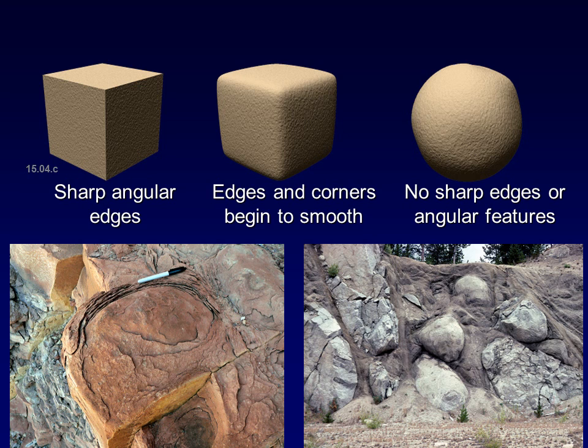So you end up with a sphere. This feature on the bottom left is called a weathering rind, and this happens particularly in sandstone. And then we also have spheroidal weathering, where these granite boulders have undergone so much exfoliation, they're now this nice rounded shape.